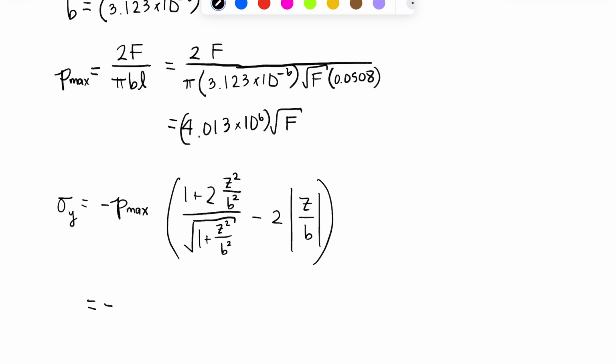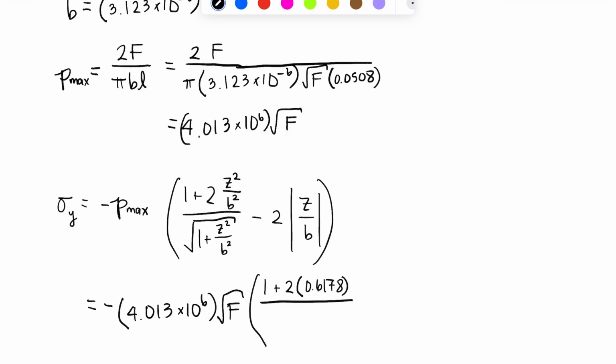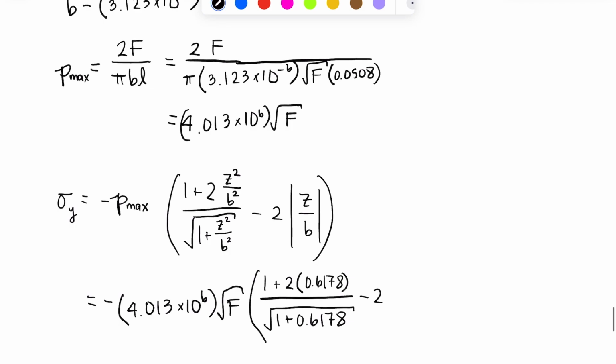Okay, so negative p max is 4.013 times 10 to the 6 square root F. And all of that multiplied by 1 plus 2 times z squared over b squared, which we found is 0.6178, divided by the square root of 1 plus that same ratio of 0.6178, and minus 2 times z over b, well, that's just going to end up being 0.786.